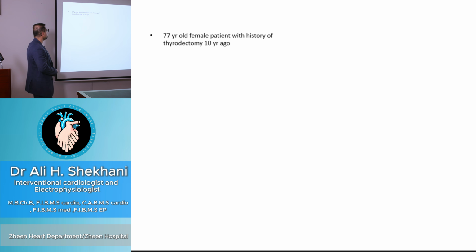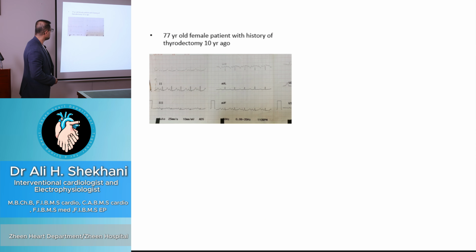This patient has a history of thyroidectomy 10 years ago. And in this ECG, you can appreciate there is a very long QT. As a rule of thumb, whenever the QT interval is more than half of the RR interval, it is regarded as prolonged QT, even without correction.